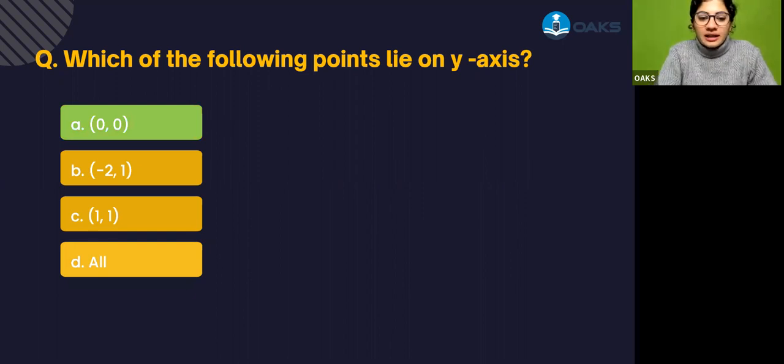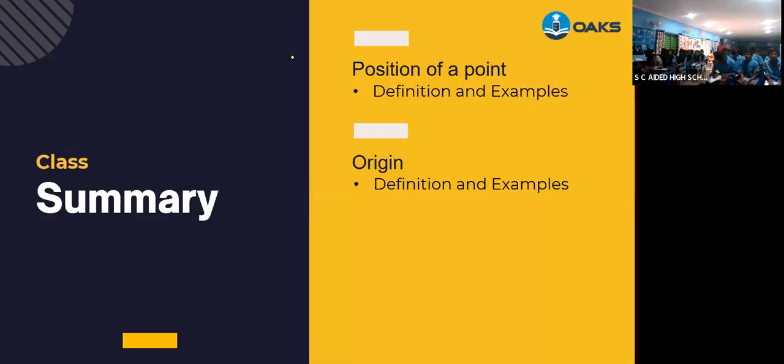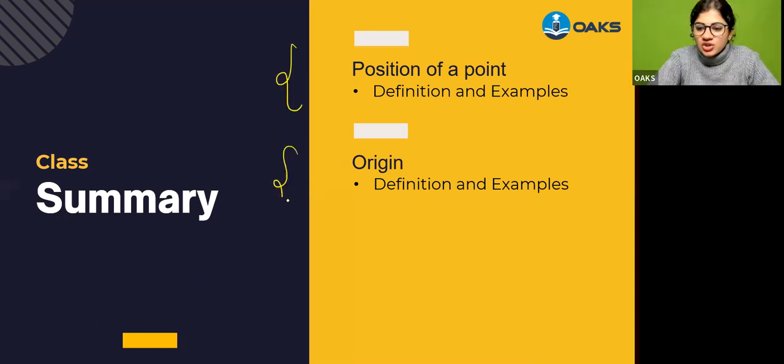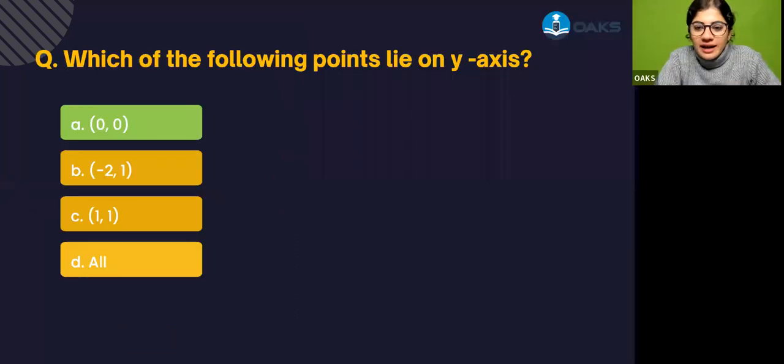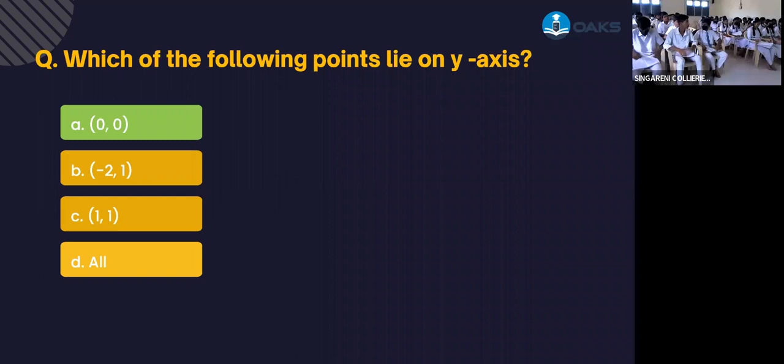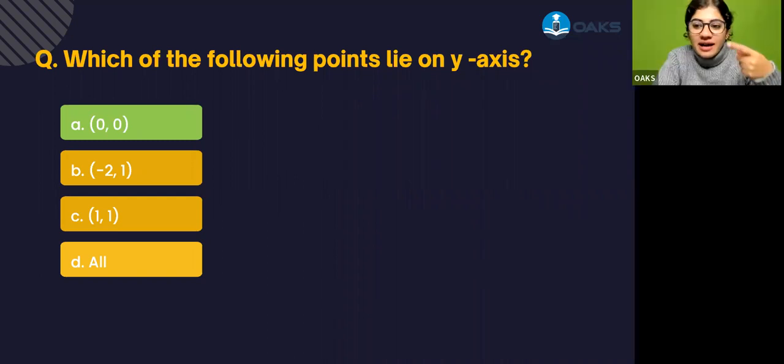Okay. Now, so we learned about the position of point and origin. Everybody understand now? So, where does the 0, 0 point lie? X and Y both.